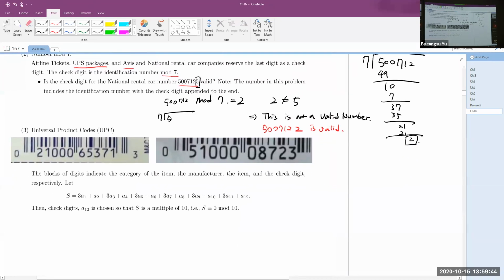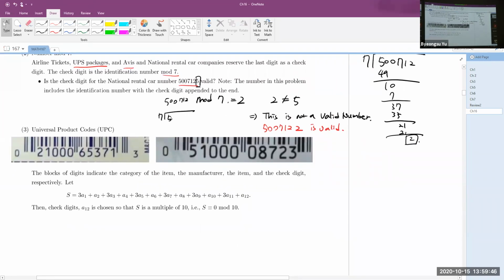Okay, now a little more complicated example: the universal product code. Maybe you can see such codes or barcodes in grocery stores. In this case, the first part just represents the category of the item, whether it is food or electronics or something like that.